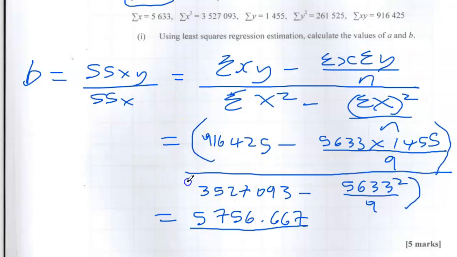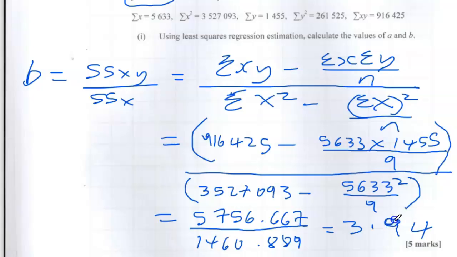The denominator is all of this bracket, and I'm getting 1460.889, and the final value for b is 3.94.